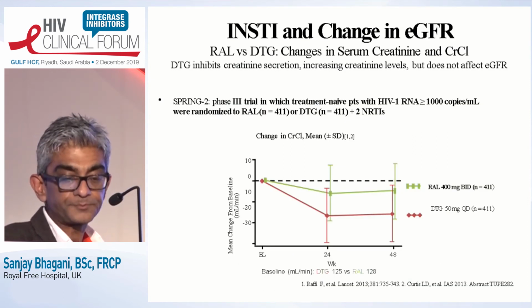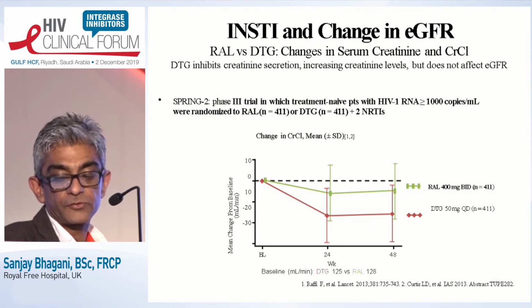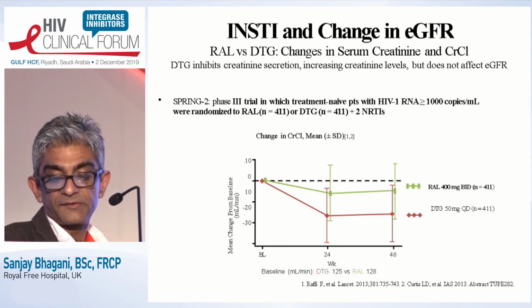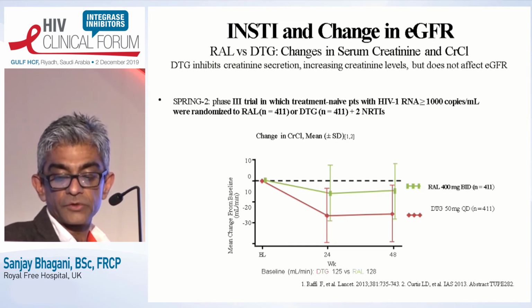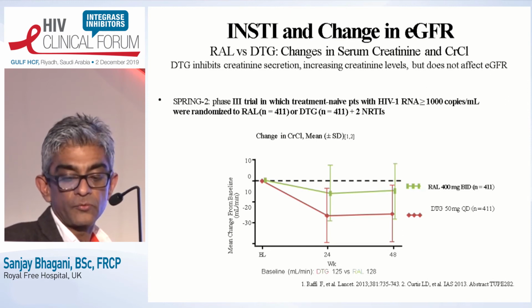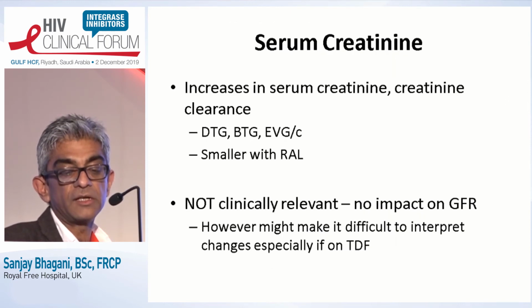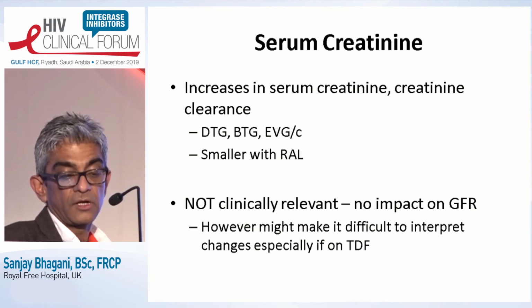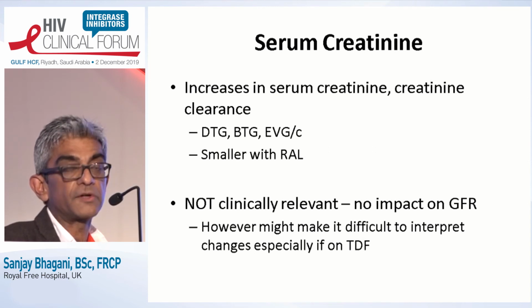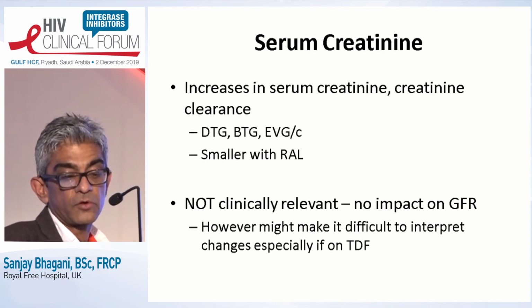You can see this in this example. This is the SPRING 2 phase 3 trial comparing raltegravir versus dolutegravir, and this is the mean change from baseline of creatinine clearance, and you can see this was much bigger for dolutegravir than raltegravir because of that impact on renal transporters of creatinine. So increase in serum creatinine and reduction in creatinine clearance are seen with dolutegravir, bictegravir, and elvitegravir cobicistat.